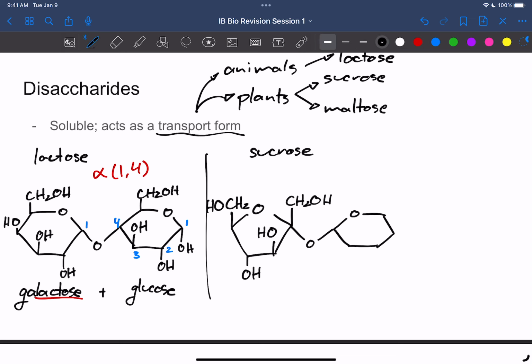So this might look a little weird, and that's because I'm just drawing glucose, I'm flipping it a little bit, because the linkage here is actually between carbon 1 of glucose and carbon 2 of fructose. That's why.